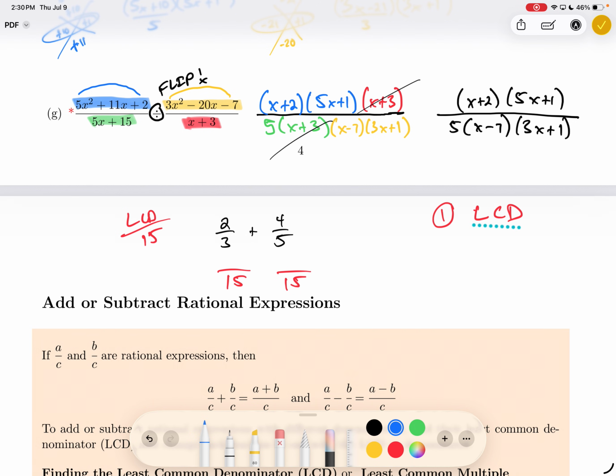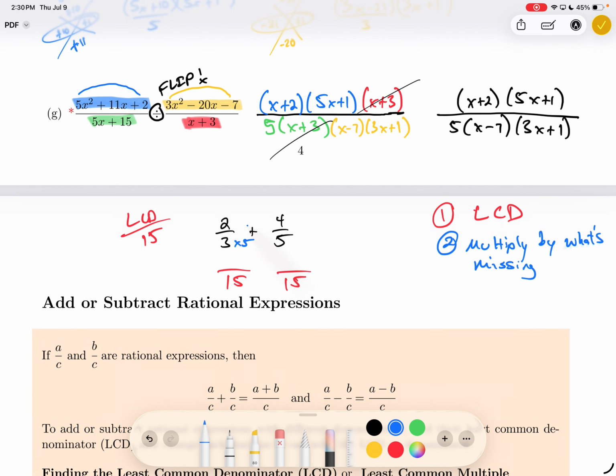And then the second step is, how do I say this quickly? I'm going to say this because it works: multiply by what's missing. So what I mean by that is, how do I go from 3 to 15?